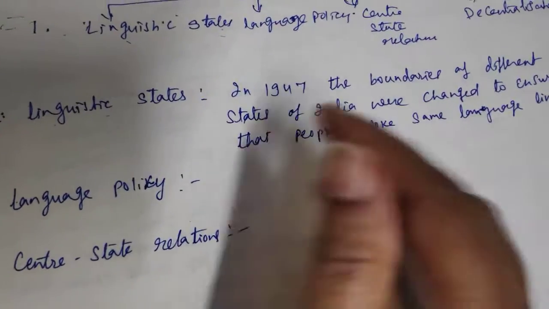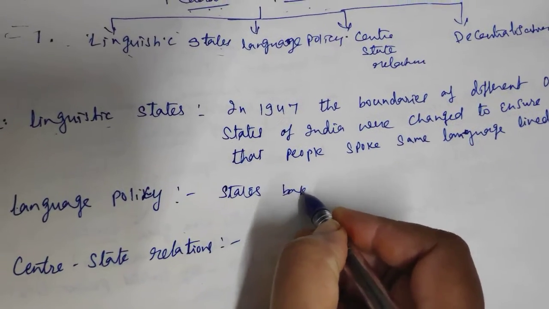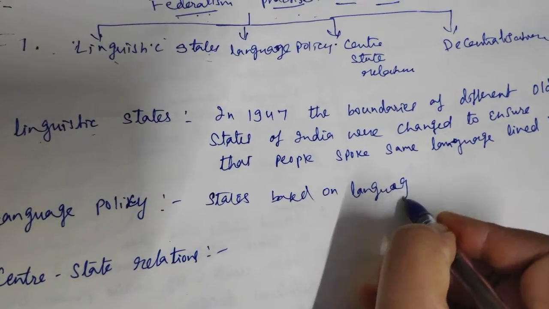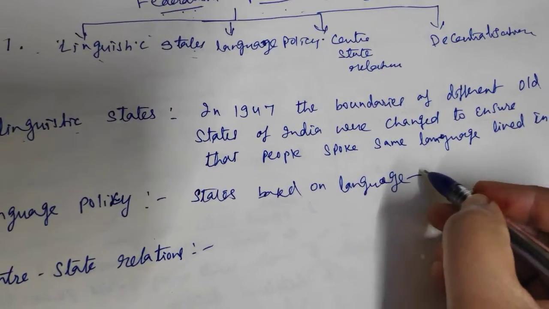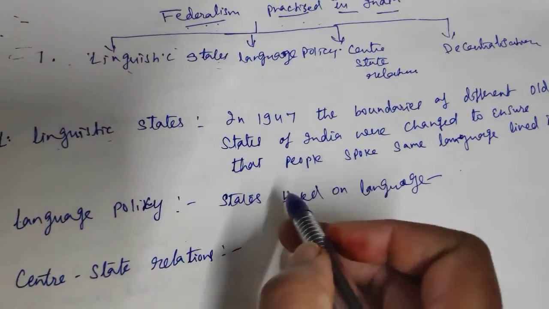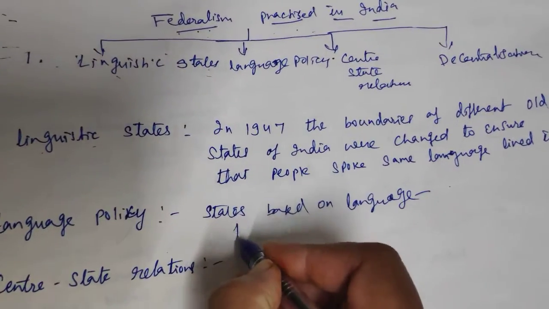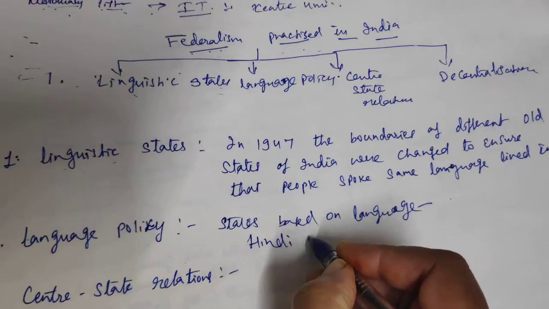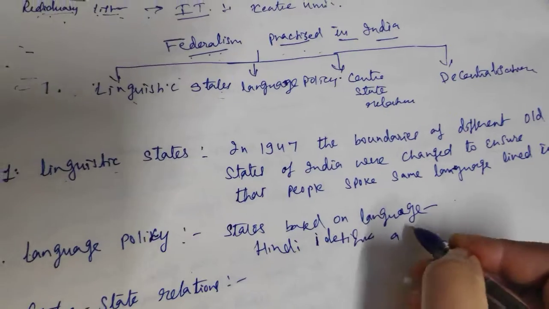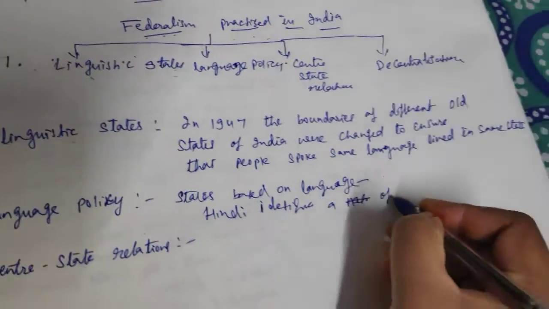But when different states based on language were formed, like Maharashtra for Marathi and Gujarat for Gujarati, Hindi was identified as the national official language.